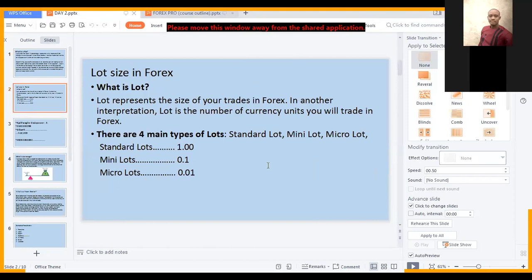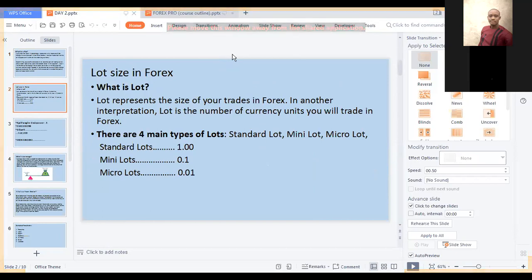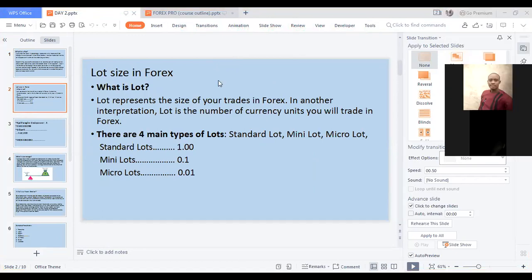We have several types of lots: standard lots, micro lots, and mini lots. Let's take a quick example here. A micro lot is probably when I have, the formula for lot is x over 100, x over 10,000.